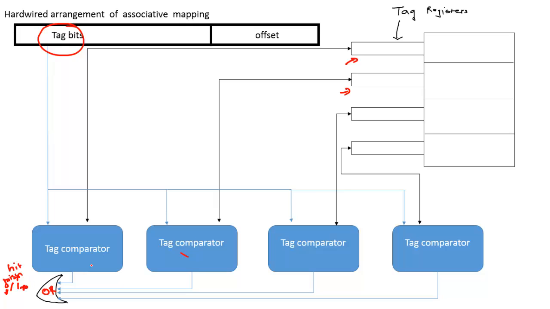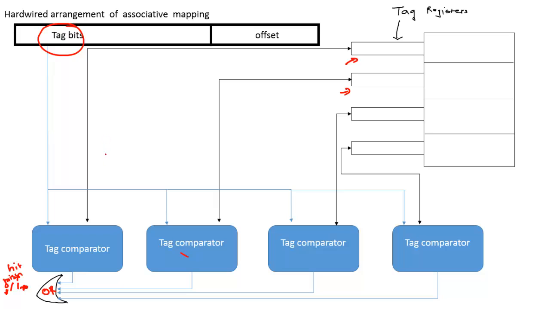Now you can observe that the hardware requirement of associative mapping is a little bit high compared to direct mapping. In direct mapping, if you remember, we used something called an Xbox, which was made of multiplexers. In this arrangement, we haven't used any Xbox or multiplexer.